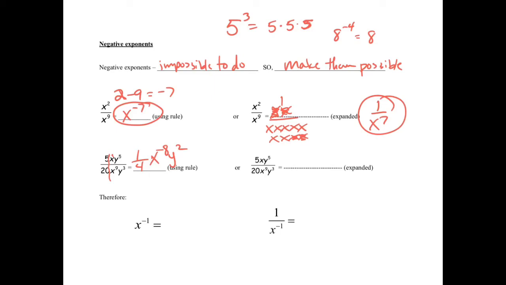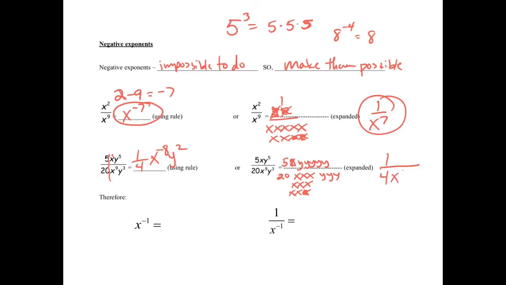Again, negative exponents. But if we expand this, we'll have 5x, y, and then the rest of the y's, divided by 20, and all those x's and the y's. We can simplify the 5 over 20. That gives us 1 over 4. We can cancel the x's, so 1 on top, 1 on bottom.